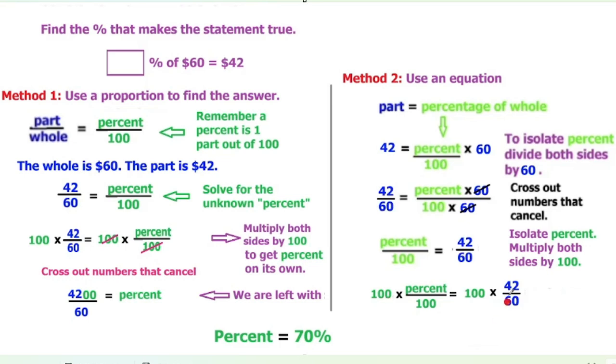We do that to both sides. The hundreds cancel out, and we're just left with percent. Percent equals 4,200 over 60. Look, it's exactly the same as before. So we know that percent equals 70% when we calculate this out. And that's all there is to finding percents.